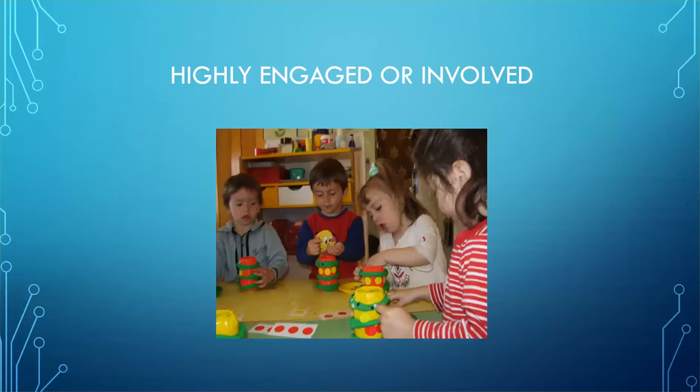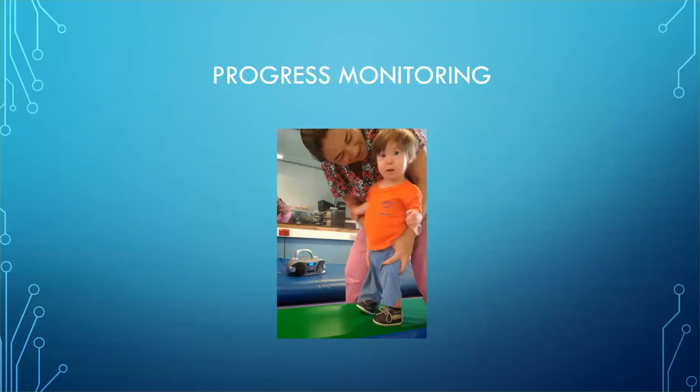The DEC also highlights the importance of all children benefiting more from curriculum when they are highly engaged or involved. This is fostered through the learning environment and teaching strategies used, as well as modifications to toys, equipment, and curriculum. Finally, the importance of progress monitoring is described by the DEC.